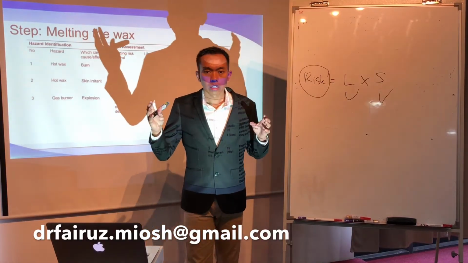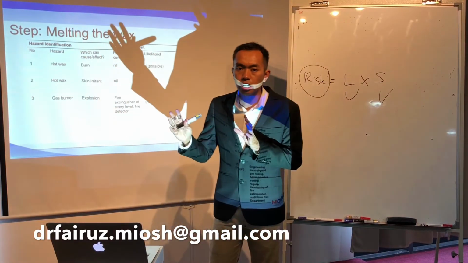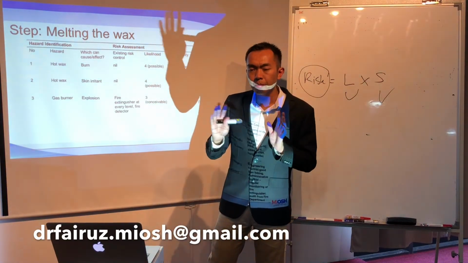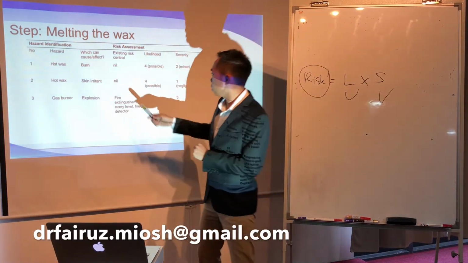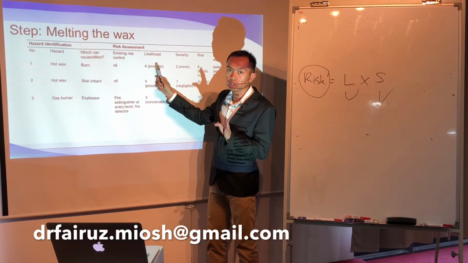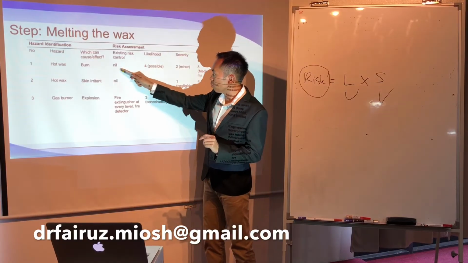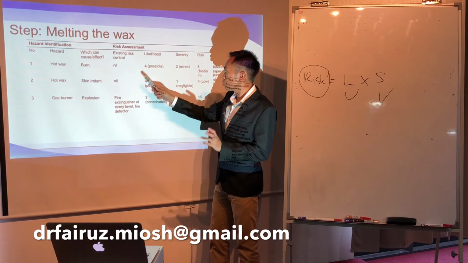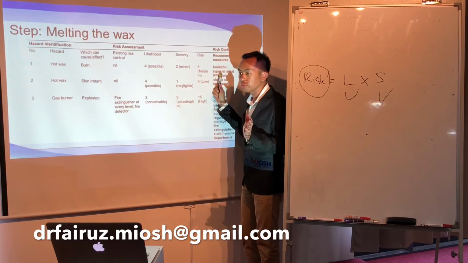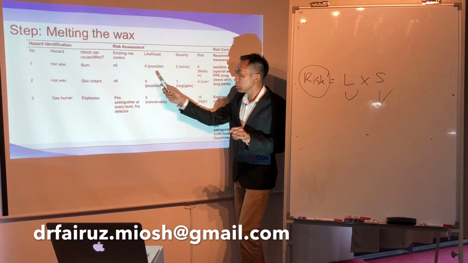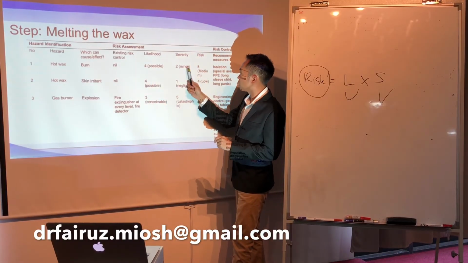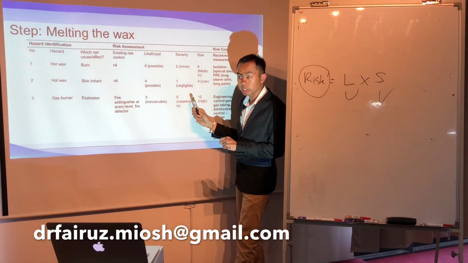Of course, there are hazards at their workplace, but perhaps they already have some risk control. So we need to identify the existing risk control before we consider the likelihood, so that we do not recommend the same thing as the existing risk control. Then we identify the likelihood and the severity, and we calculate the risk.